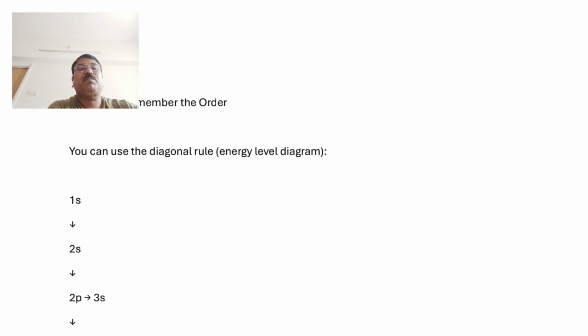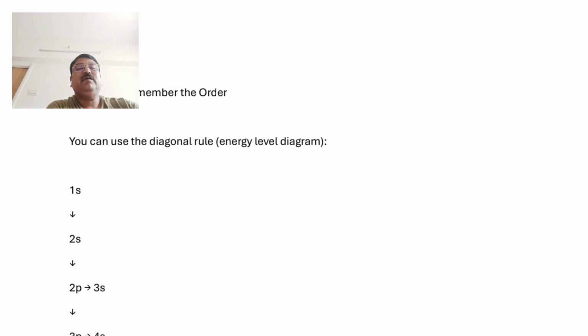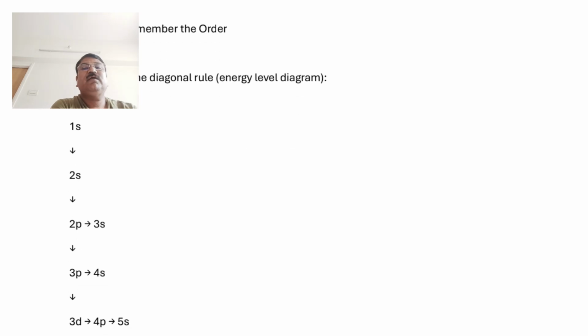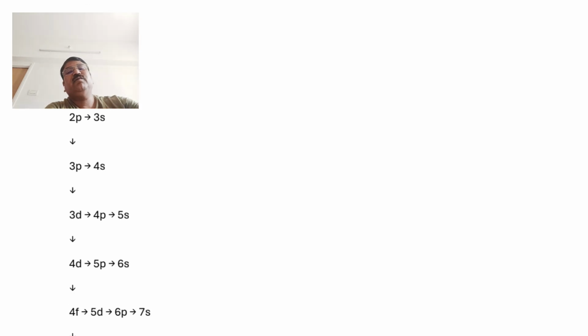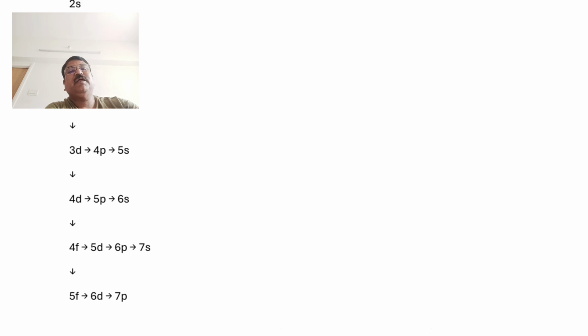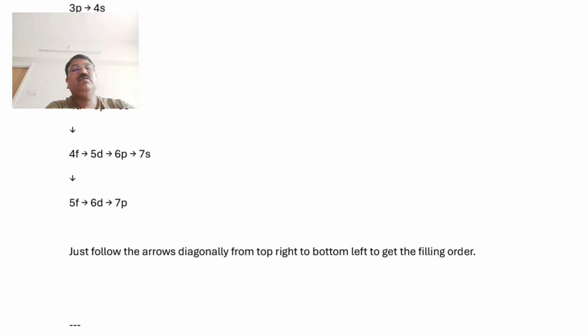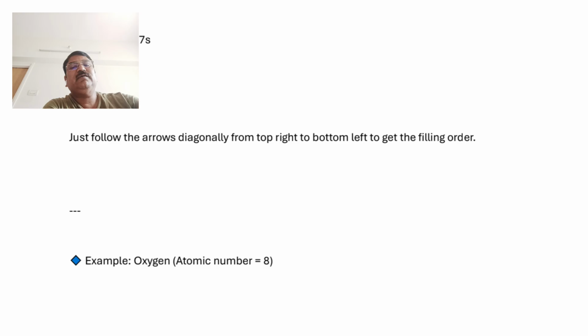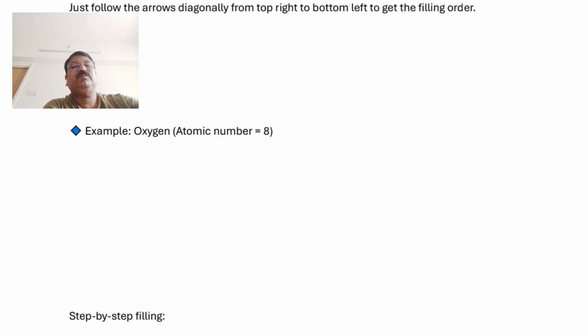Then diagonally, how it is observed: 1s orbital, then electrons are filled in 2s, then they are filled in 2p, then 3s, 3p, 4s, 3d. So this is the diagonal rule which shows the filling of various kinds of atomic orbitals. So diagonally they are having filling of these electrons.